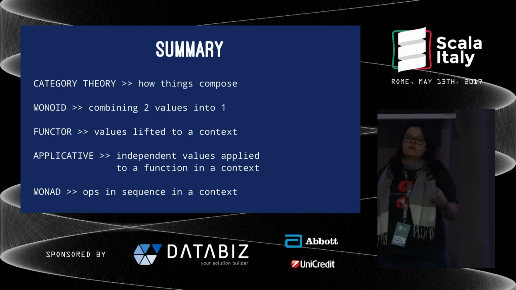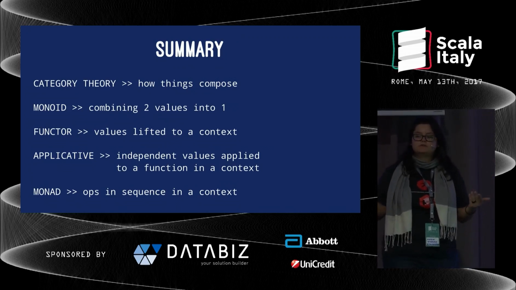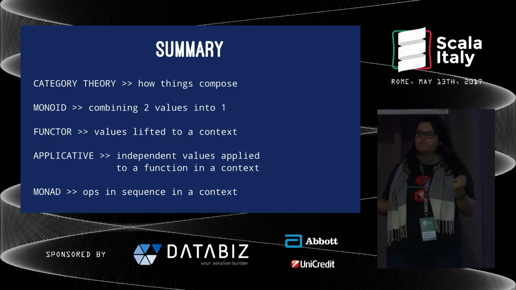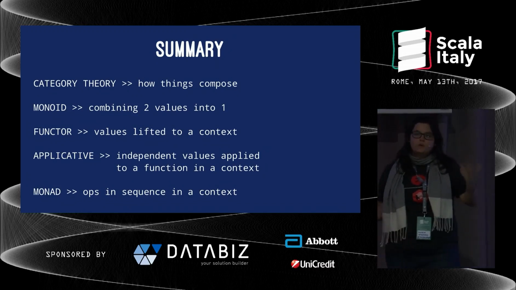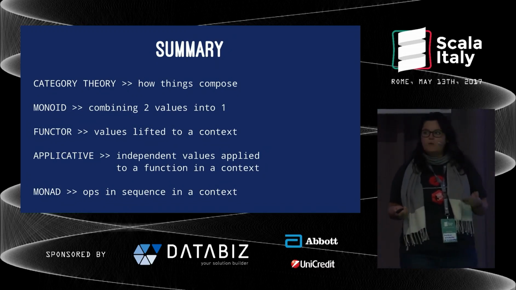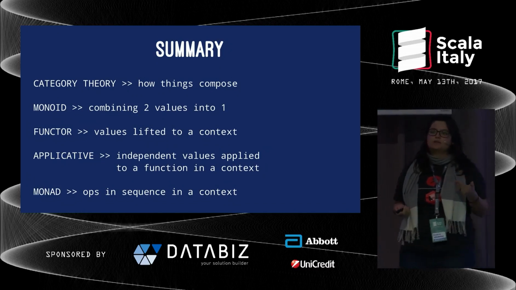Functors is just a way of adding information about your data. So we do this all the time, right? We want to know what our data does, how our data is executed.